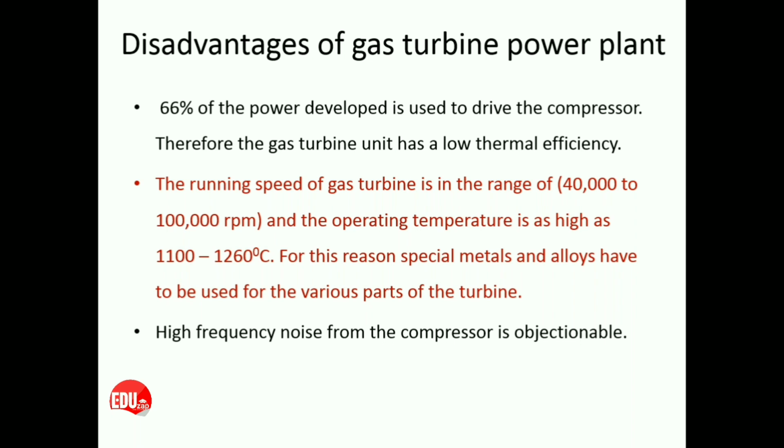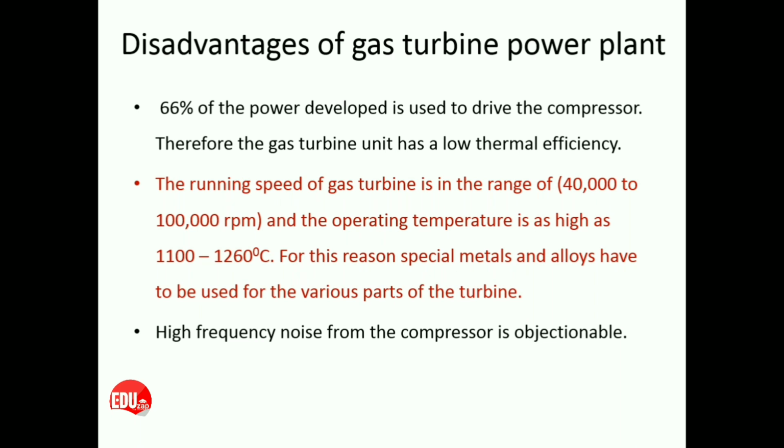These are the disadvantages. One of the main disadvantages of a gas turbine power plant is that the major power developed by the gas turbine is used to drive the compressor. Therefore, it will have a low thermal efficiency. Now, coming to the running speed of the gas turbine, it will be in the range of 40,000 to 1 lakh RPM, and the operating temperature is around 1100 to 1260 degrees centigrade.